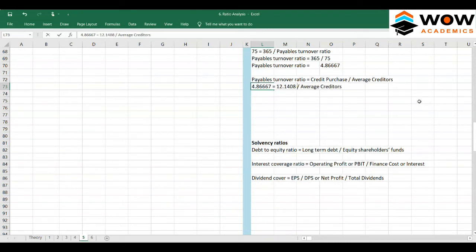So we can solve it. Before that we will make an assumption: assume all cost of sales as credit purchase.